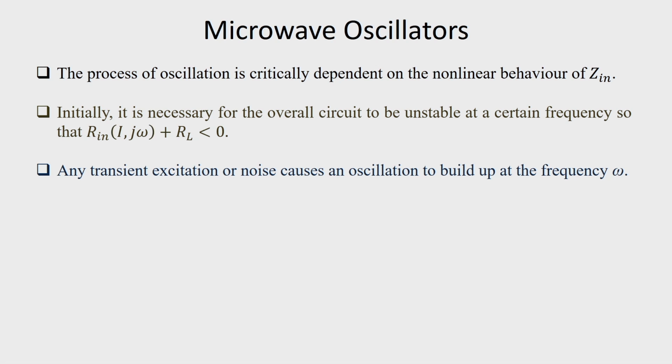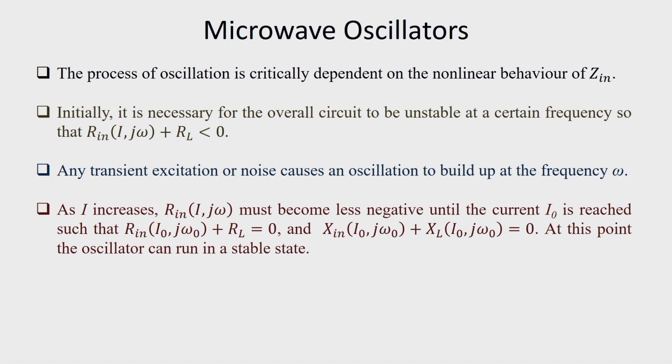This is how the start of oscillation is usually described: any transient excitation or noise causes an oscillator to build up at the frequency omega.